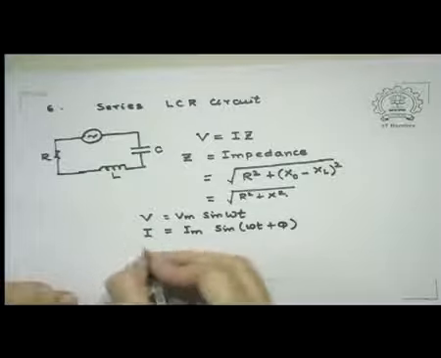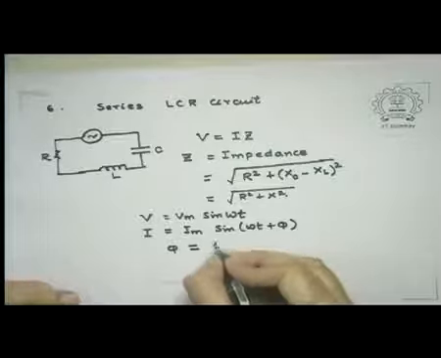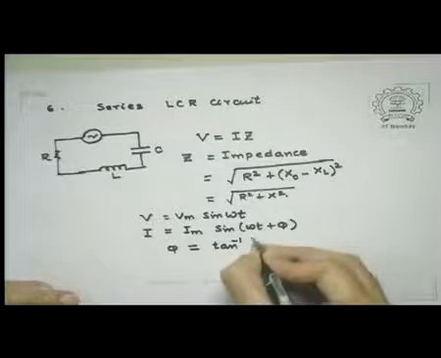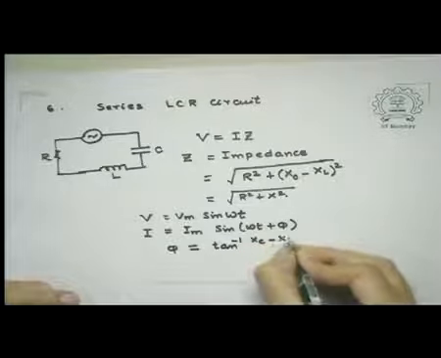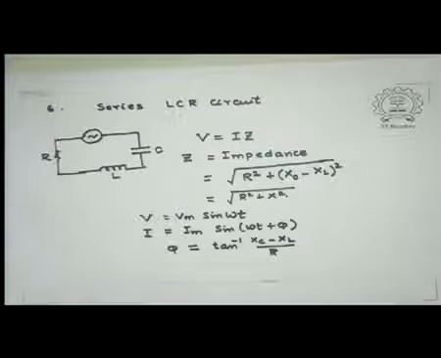This phi may actually be positive or negative depending upon whether the circuit is more capacitive than inductive or vice versa, and phi is given by tan inverse of XC minus XL divided by R, showing thereby that phi is positive if XC is greater than XL and is negative if XC is less than XL. So if XC is greater than XL, the current leads the voltage and vice versa, of course.